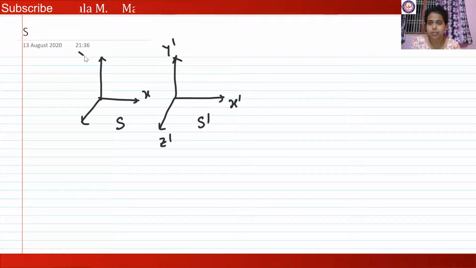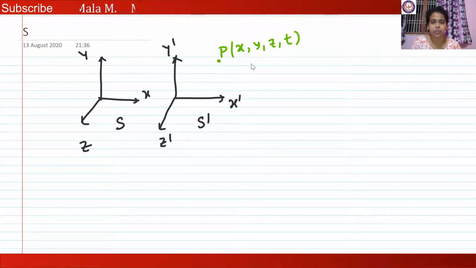So X, Y, Z. Now you will consider any point particle which is situated at a point P and its initial coordinates are X, Y, Z and T with respect to S, and X prime, Y prime, Z prime and T prime with respect to S prime.